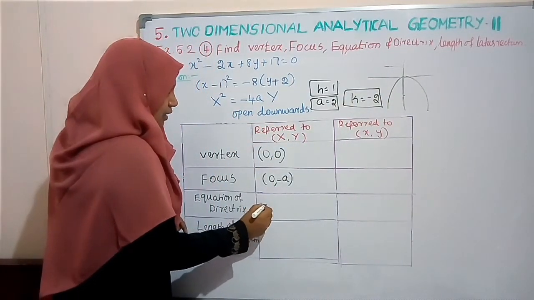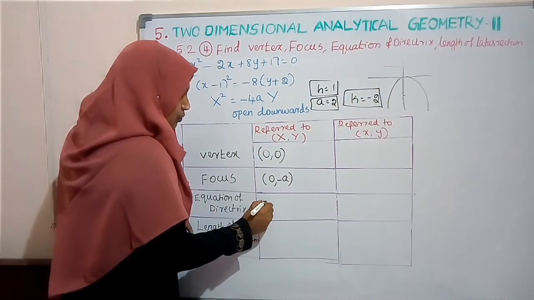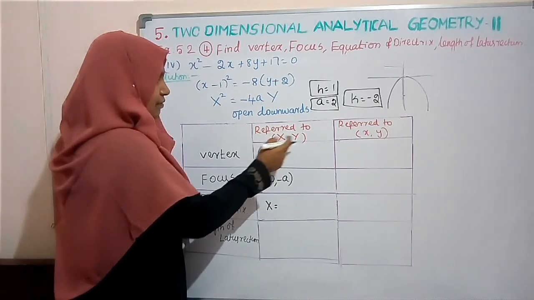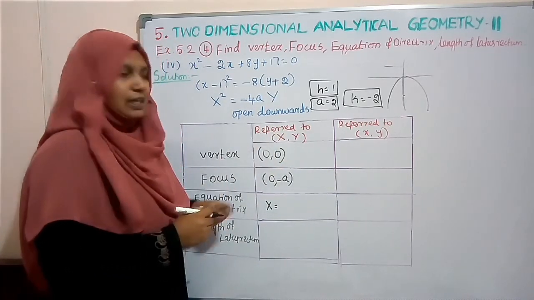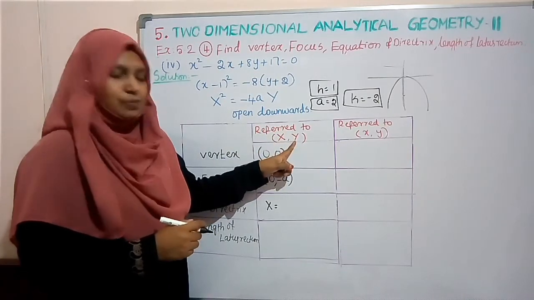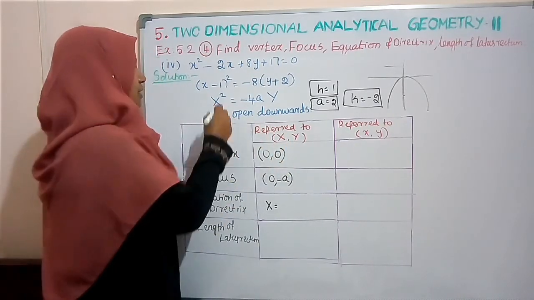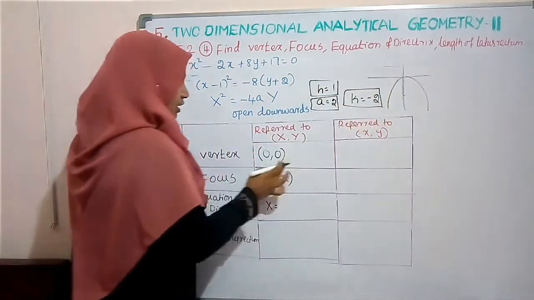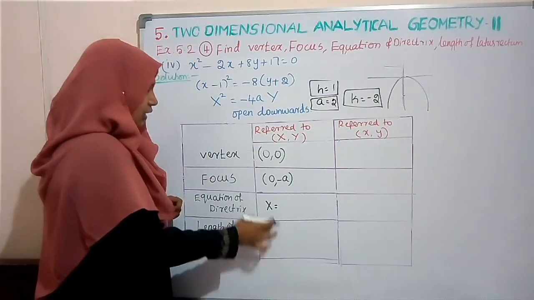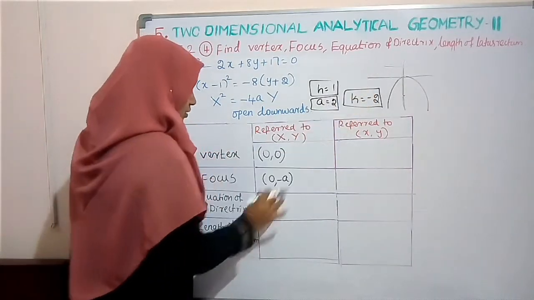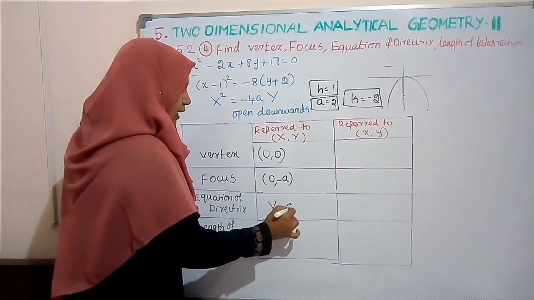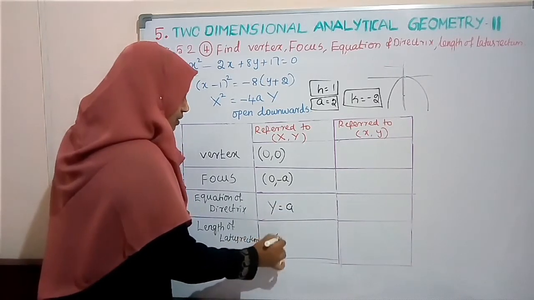So it is, see here always I am using capital X and Y. The heading also is capital X and Y. Okay, because if it is capital XY only, the vertex is at origin, we can directly write the formula. Okay. Directrix is Y is equal to a and latus rectum is 4a.